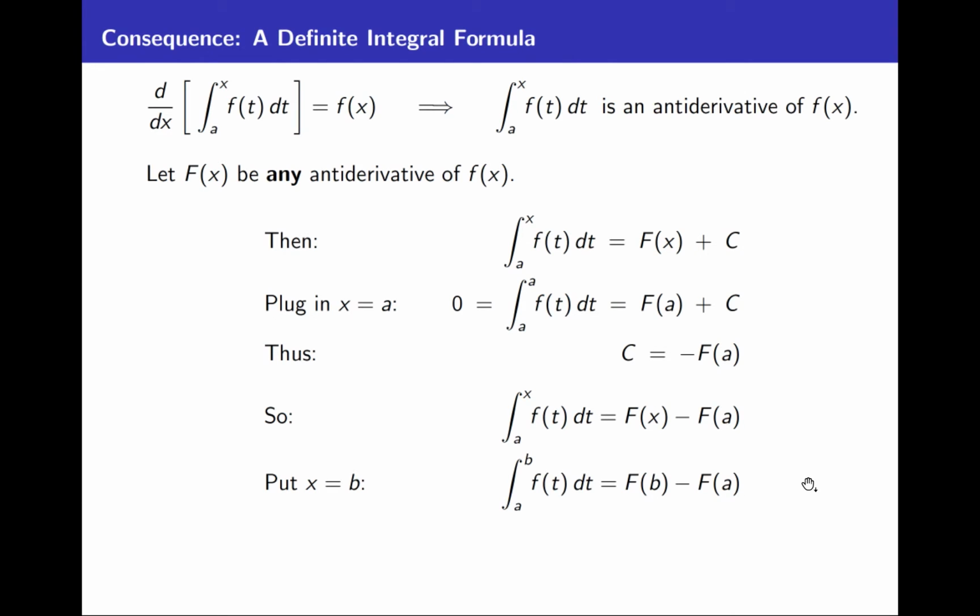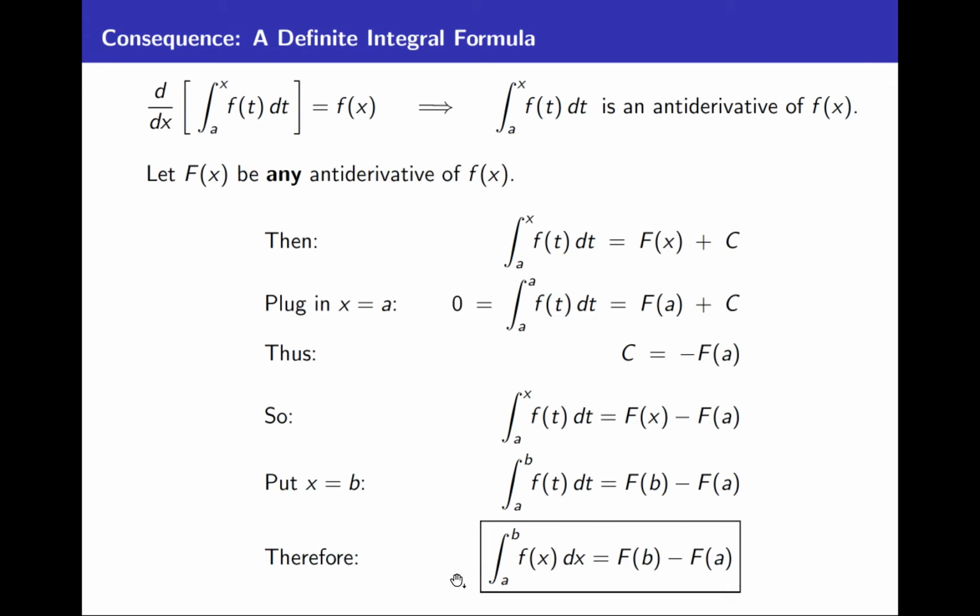And one tiny little cosmetic thing, remember that this t, we call it a dummy variable. It could be any variable that you choose. Now that we've gotten rid of our x up here, and there's no longer a conflict of notation, let me change that back to an x. So what we get is the integral from a to b of f(x) dx equals big F(b) minus big F(a).